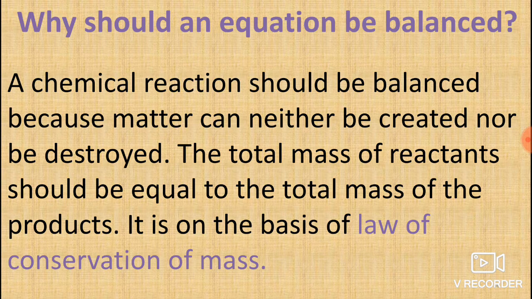So the total mass of the reactants should be equal to the total mass of the product side. Both masses should be equal. That's why this obeys the law of conservation of mass. The main keyword is that matter can neither be created nor destroyed. That is the meaning. That's why we need to balance the equation, right?